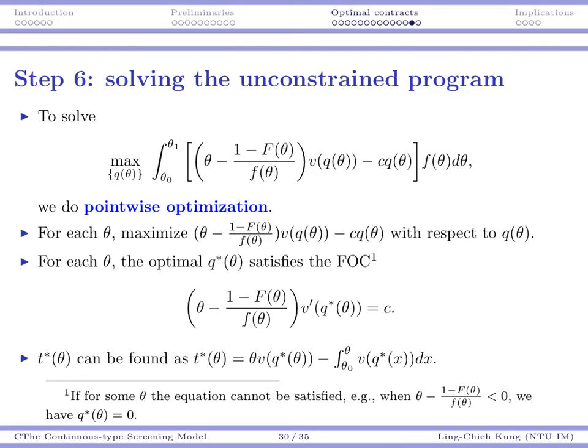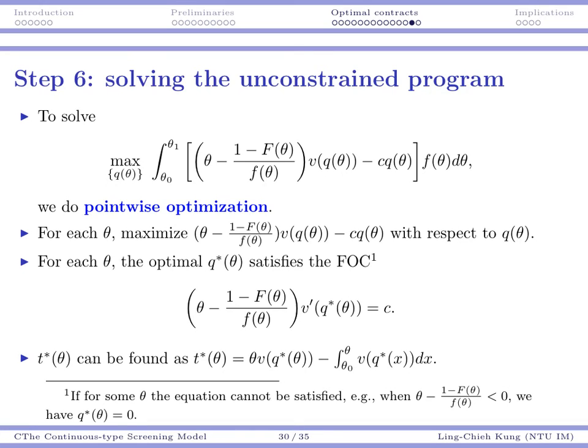So I want to find q star of theta according to the first order condition. This part is just a constant. V becomes v prime. Q becomes 1. So this is my first order condition. Okay, my q star should satisfy this equality.